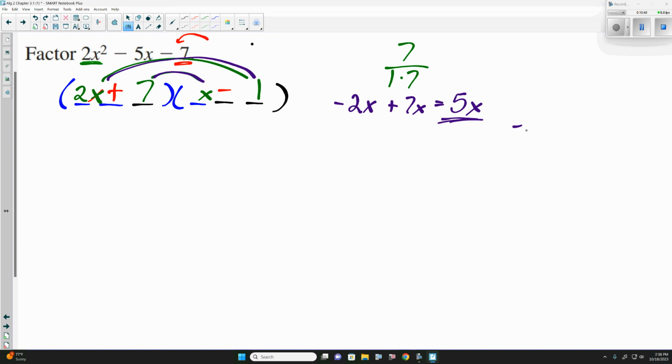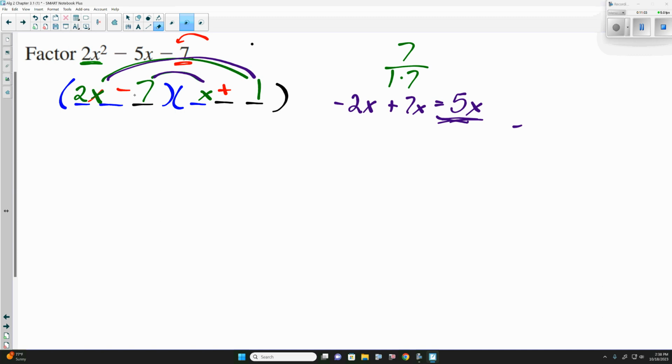Yeah. So a way we can change the sign of 5x from positive to negative is actually to change the signs. So we can change the negative to positive and the positive to negative. And it works out that way every time.